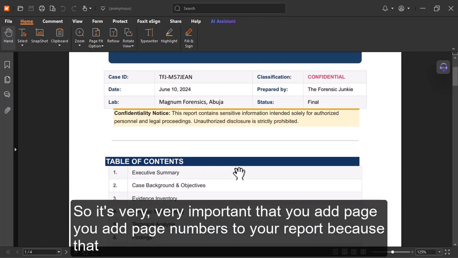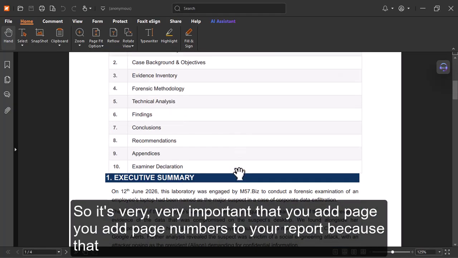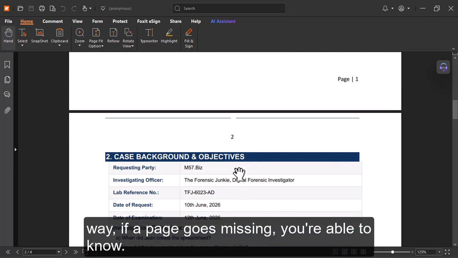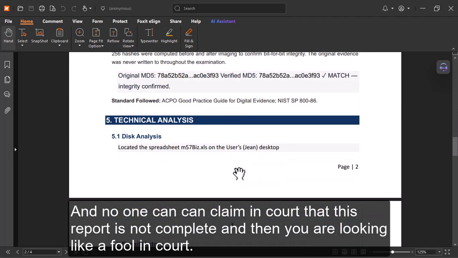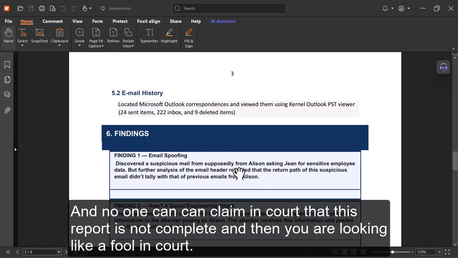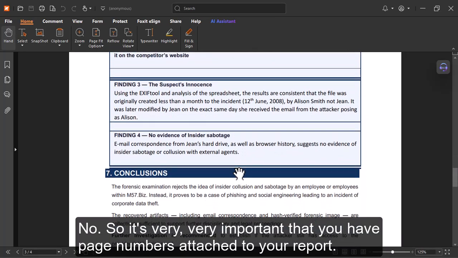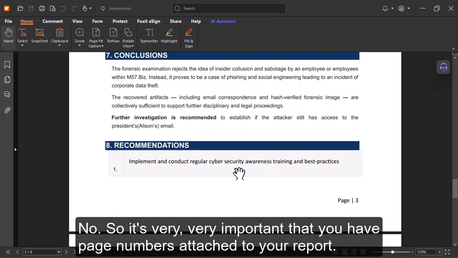So it's very important that you add page numbers to your report, because that way, if a page goes missing, you're able to know, and no one can claim in court that this report is not complete, and then you are looking like a fool in court. So it's very, very important that you have page numbers attached to your report.